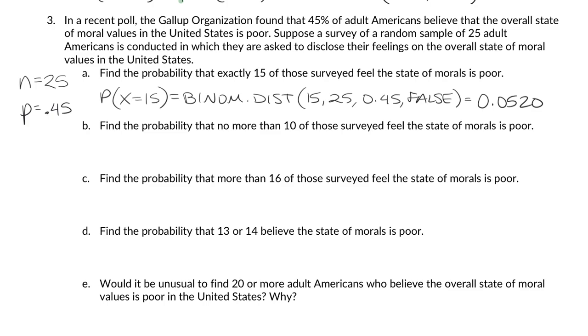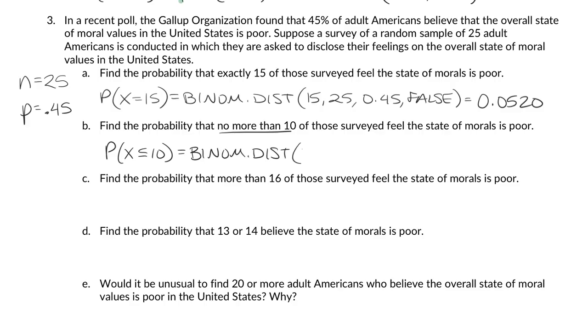Okay, so the next question again, we're just adding context. It says find the probability that no more than 10 of those surveyed feel the state of morals is poor. If we have the phrase no more than 10, what mathematical sentence can I write? Less than or equal to 10. So yeah, this one's easy. So we're looking for x is less than or equal to 10 because that's no more than 10. Which means I don't have to do anything crazy on this one.